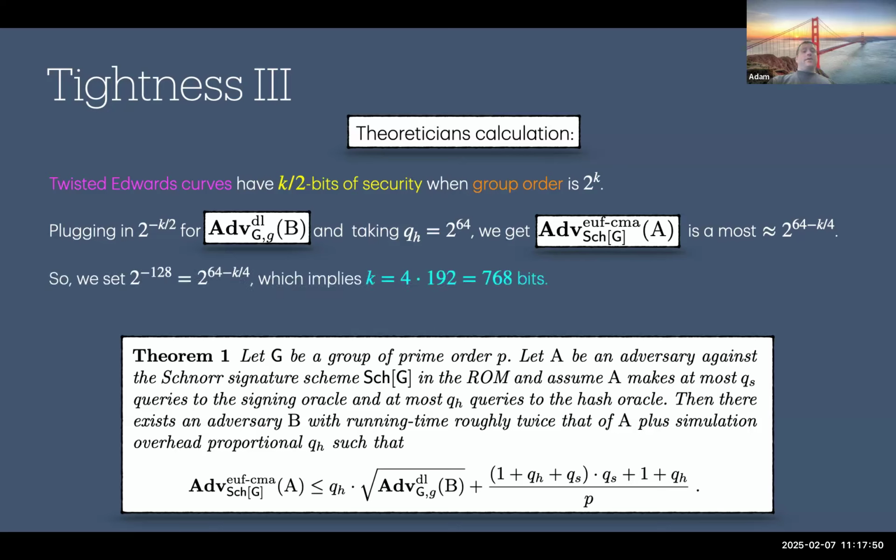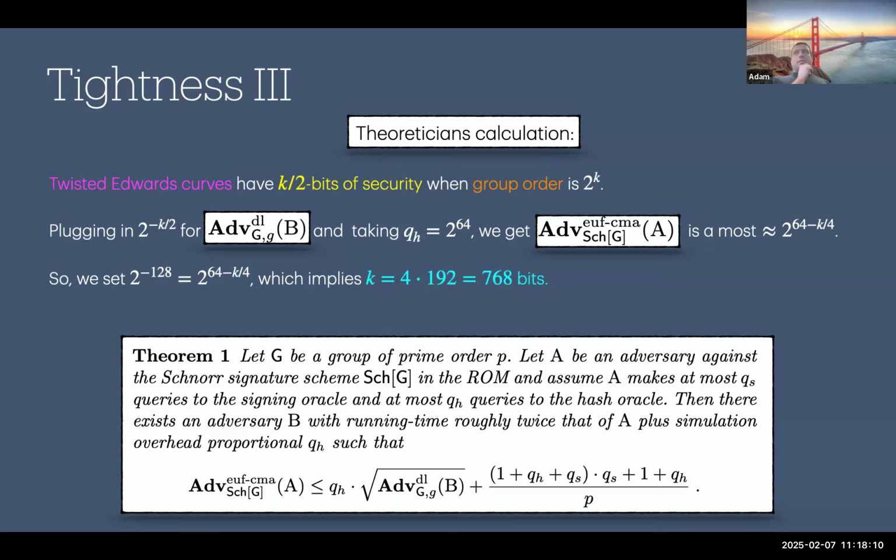So you have 2 to the minus 128 equals 2 to the 64 minus k over 4. So you set k to be 4 times 192, which is 768.